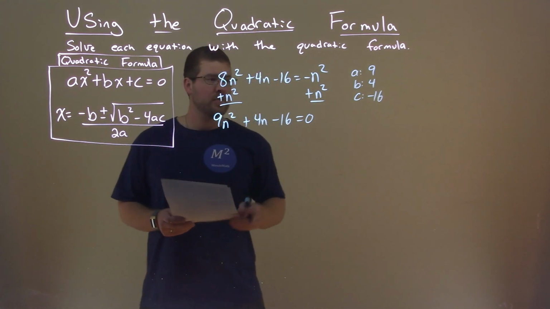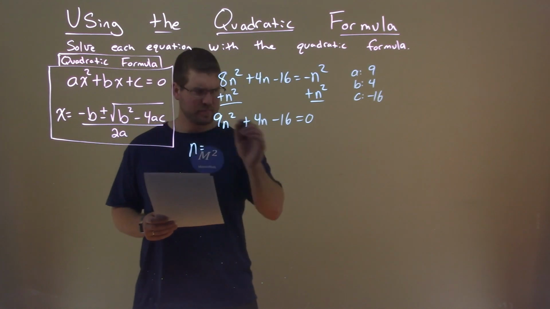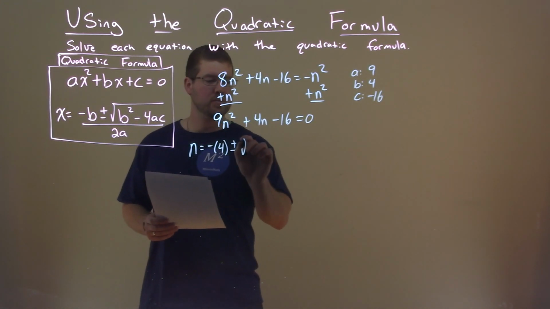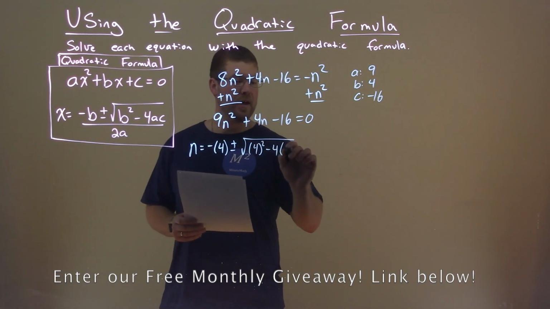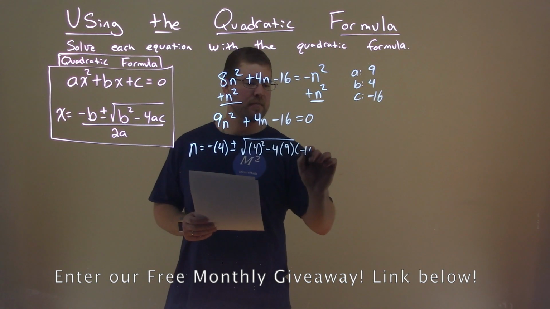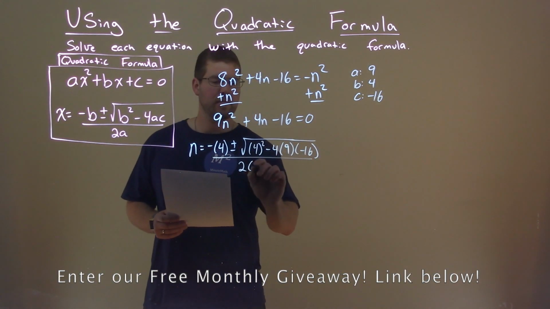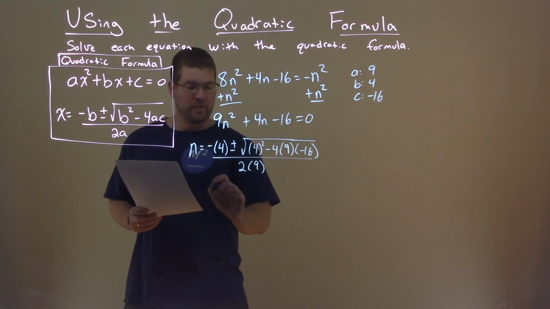Alright, so now we're going to use that information and use the quadratic formula. Negative b, so negative 4 plus or minus the square root of 4 squared minus 4 times a, which is 9, times c, which is negative 16, all over 2 times a, which is 9. So now let's go simplify this.